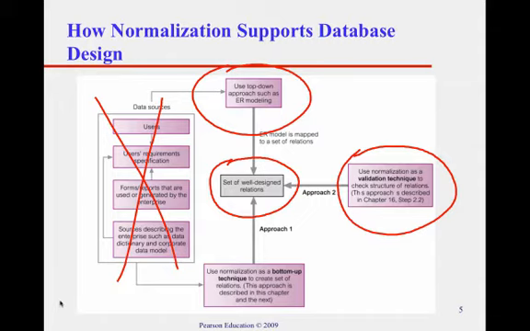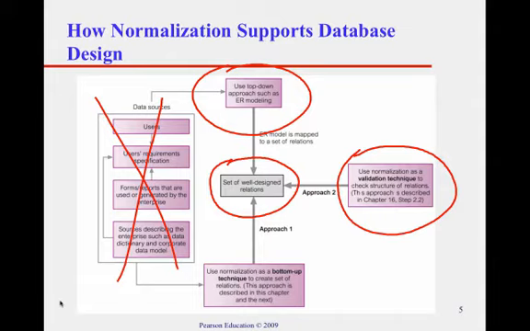So I usually use approach 2, which is first do ER modeling, then use normalization to check the structure of my relations. If you're a bottom-up kind of person, then you could start with all the forms and interviews, dump everything into a single universal table and just use normalization.